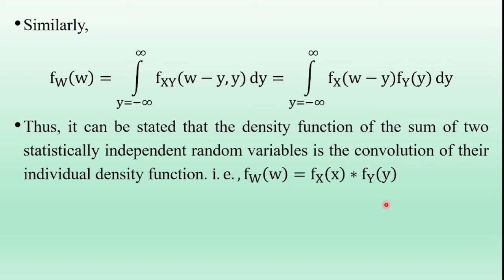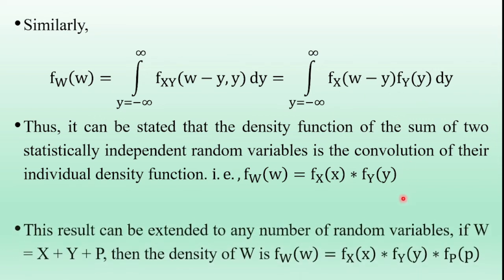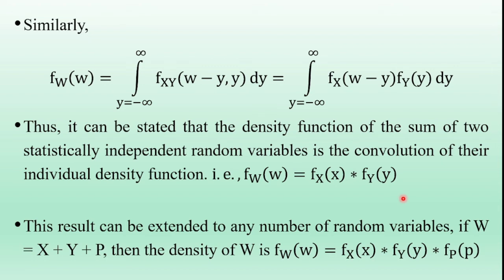Similarly, here also in the same concept, the right-hand side term is the convolution of the individual density functions. That is f_X(x) convolution f_Y(y), and this is for the sum of two random variables. The same concept can be applied to more than two random variables.